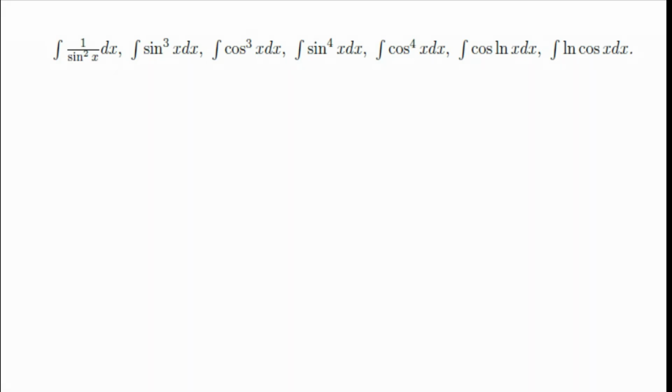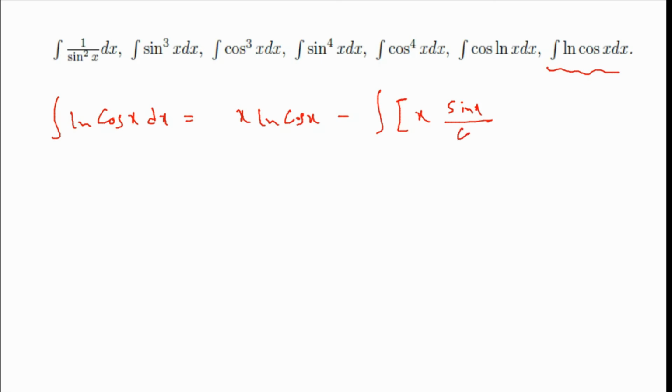And we will solve the last problem, which is integration ln cos x dx. Now we will just use integration by parts. So x ln cos x minus integration x, differentiation of ln cos x will be sin x by cos x, there will be a minus sign, so plus this dx, and x ln cos x plus integration x tan x dx.